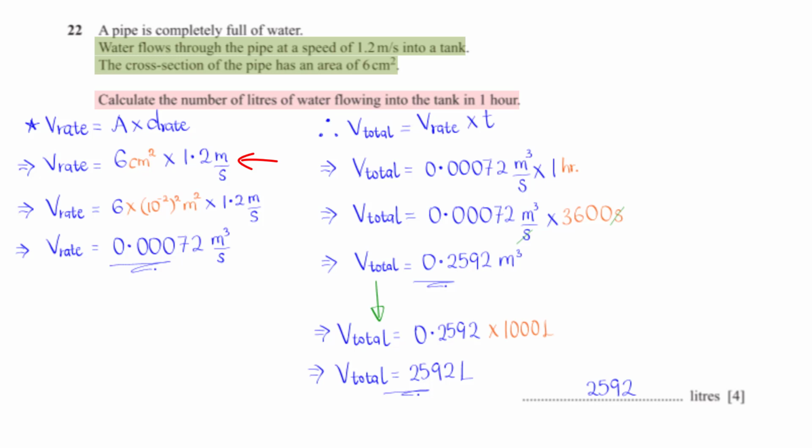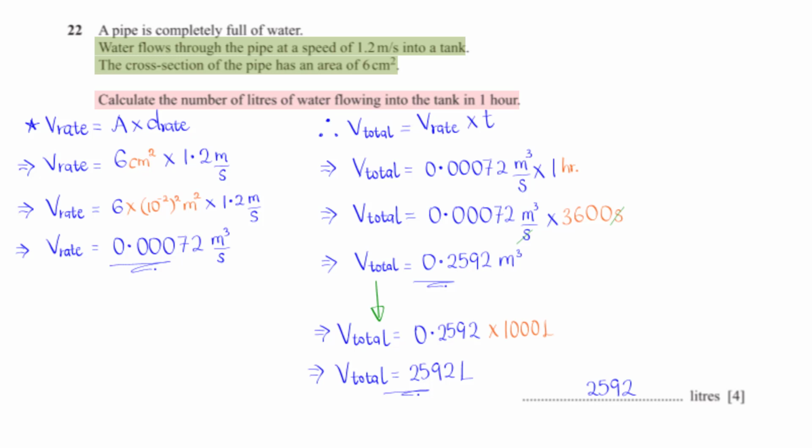We need to change 6 centimeters squared into meters squared, and so that gives us 6 times 10 raised to the power -4 meters squared, and so this gives us 0.00072 meters cubed per second.